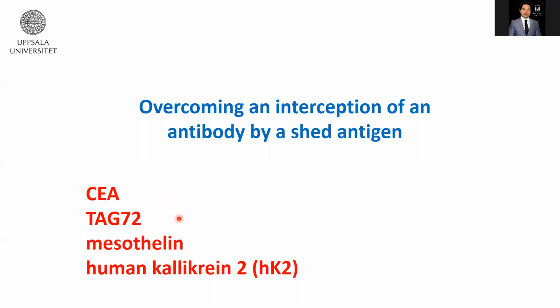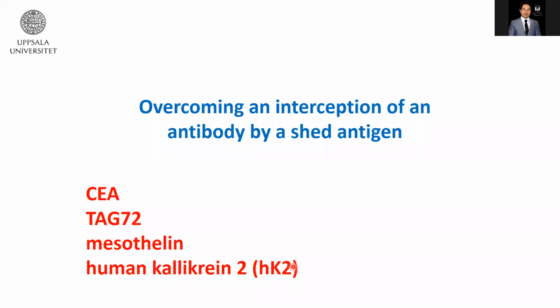Several other antigens which have been discovered recently and are considered druggable targets in cancer cells are also shed, like mesothelin or human kallikrein 2. So what happens? If this antigen exists in circulation and you inject a radiolabeled antibody, the antibody and antigen end up in the same compartment.